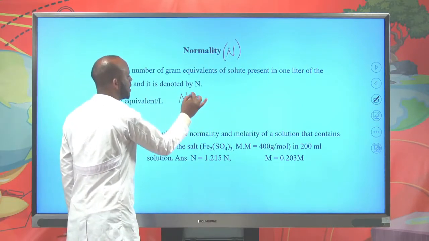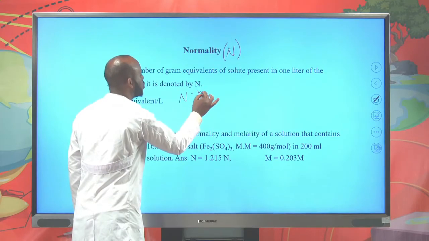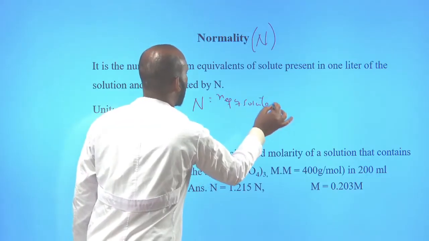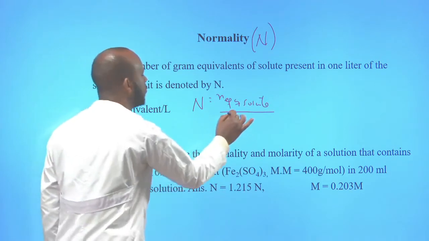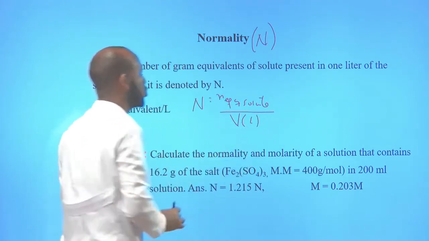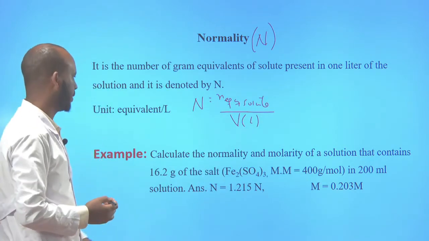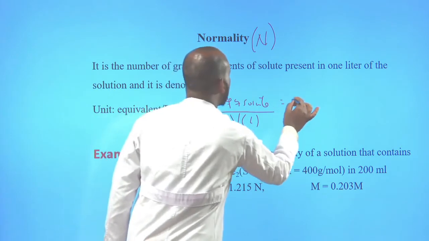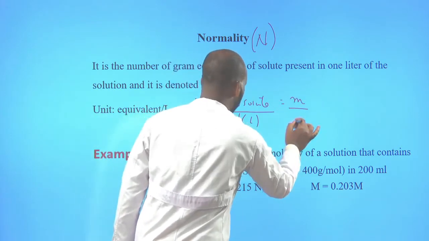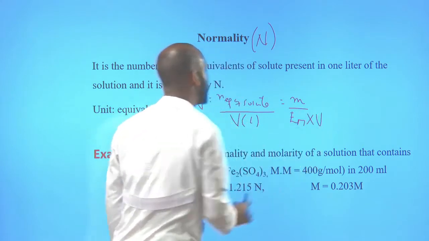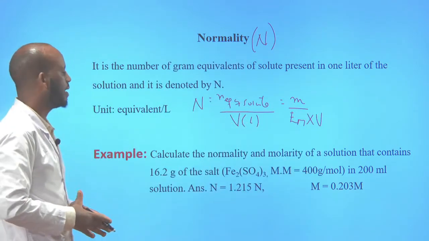Normality equals the number of equivalents of solute divided by the volume of the solution in liters. Number of equivalents of solute equals mass of the solute divided by equivalent mass of the solute.